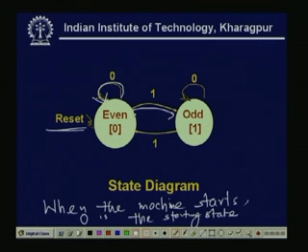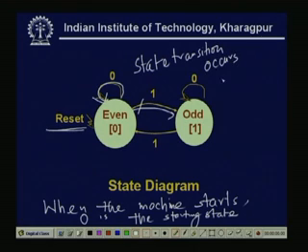So, there will be a transition. With a 1 input in the even state, there will be a state transition from even to odd, that is, from 0 to 1 state.